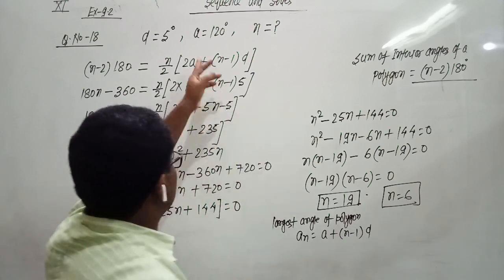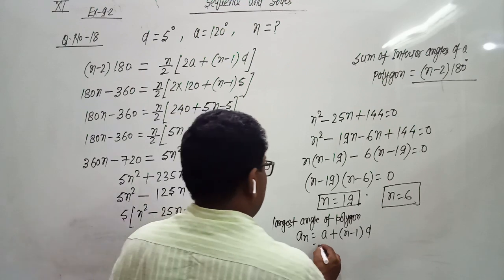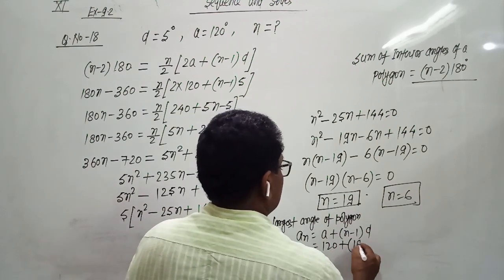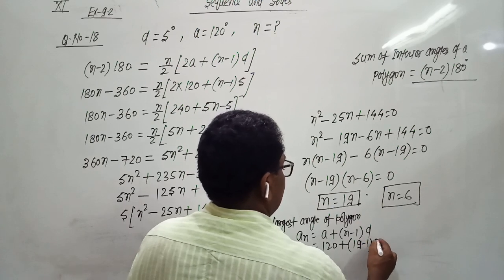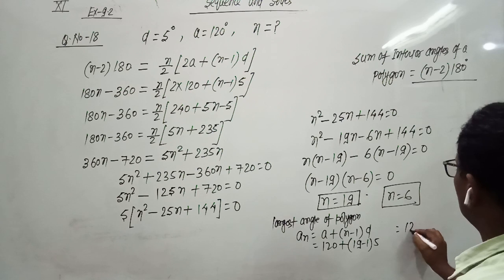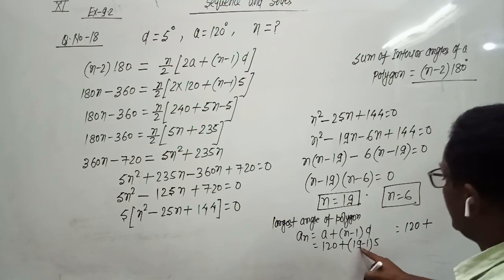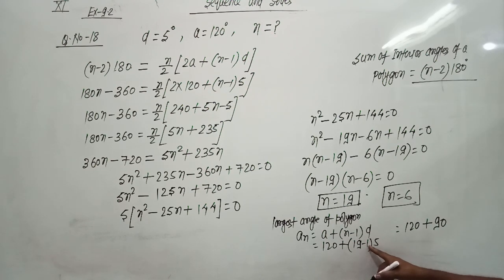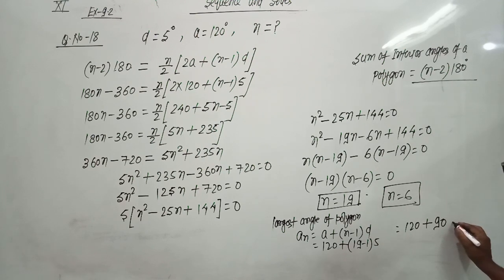When we take the value of a equals 120 and n is 19, so 19 minus 1 and the value of d is 5, then we get 120 plus 18 into 5, which is 90. This comes to 210 degrees.